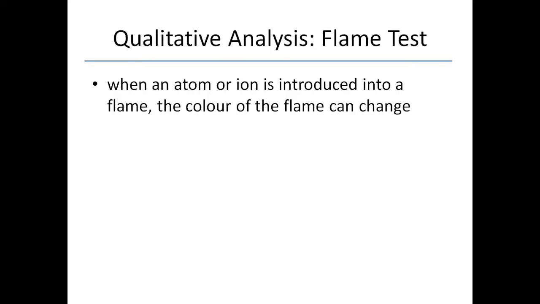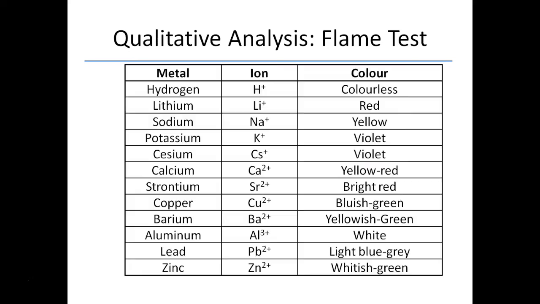A flame test is a second way that we could qualitatively analyze a solution. If we introduce a small amount of the solution into a flame, the cation or anion will change the color of the flame, and we can use the flame's new color to determine what's in the solution.